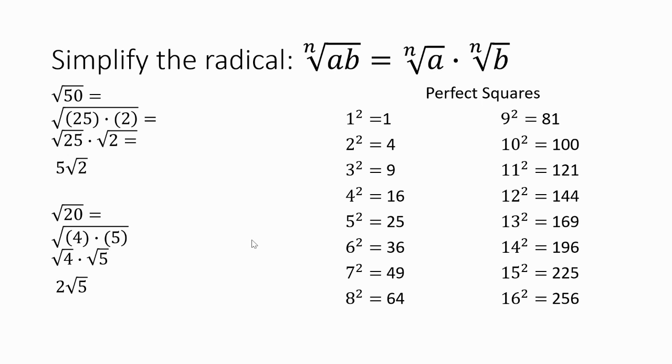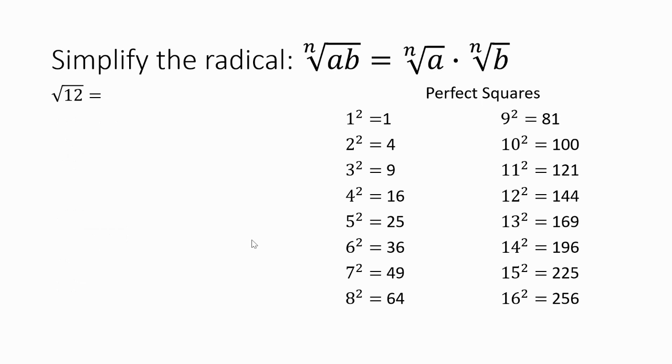Next, the square root of 12. I've got 3 times 4, 2 times 6, 1 times 12. Pick the one that has a perfect square, and 4 is the only perfect square in there. Use my radical rule to split those, take the square root of 4, so my answer is 2 root 3. This is a simplified version of the same radical.